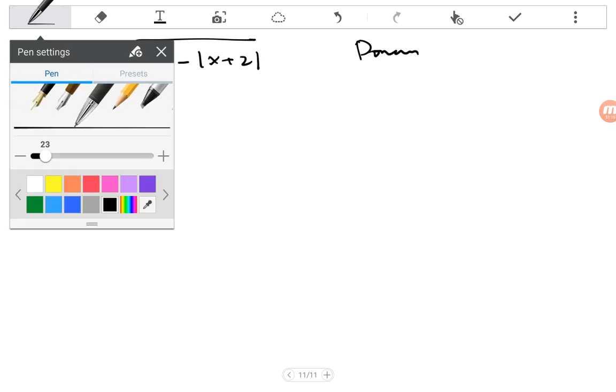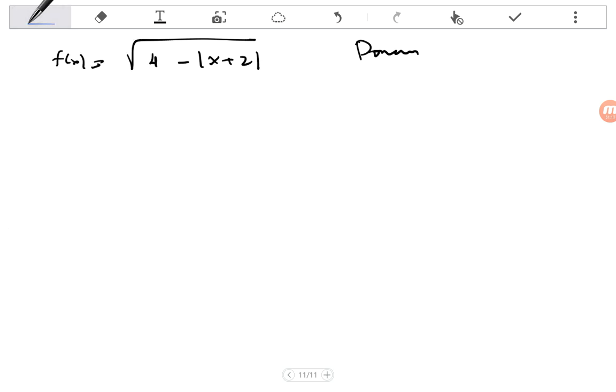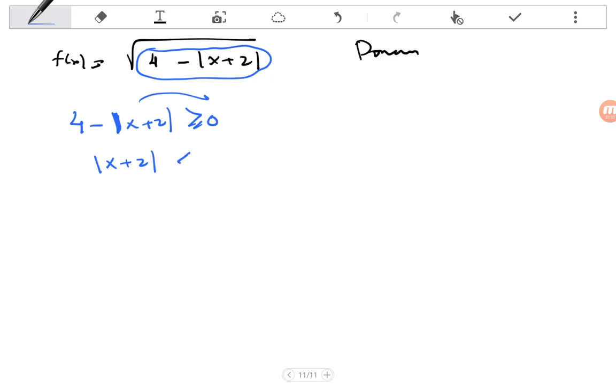So for this function, how do we find the domain? We just look at the restriction, which is 4 minus absolute value of x plus 2 must be greater than or equal to 0. So absolute value of x plus 2, we take that to the other side, will be less than or equal to 4.